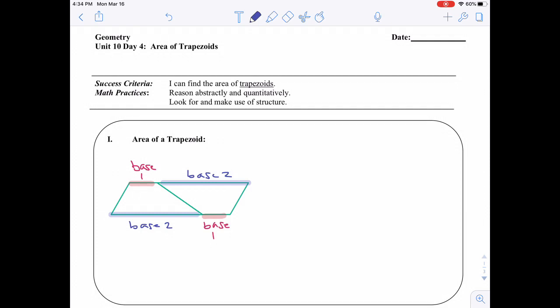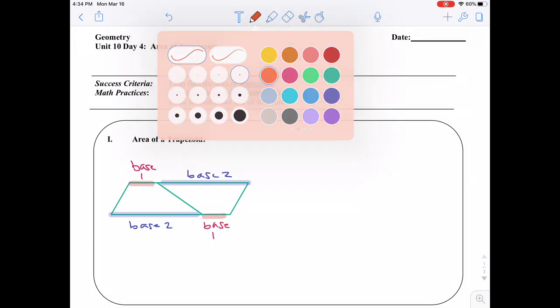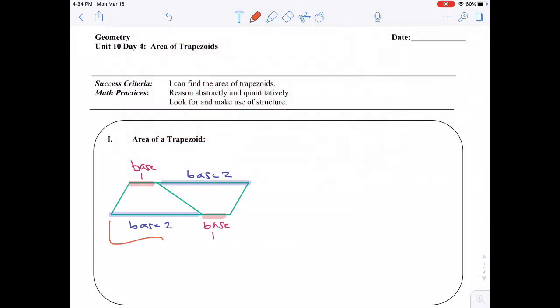Now, if I wanted to find the area of this entire parallelogram, I would take the area of this entire base, right? So my area of my parallelogram would be my entire base times my height, and my height would be the altitude or the perpendicular height drawn in here.